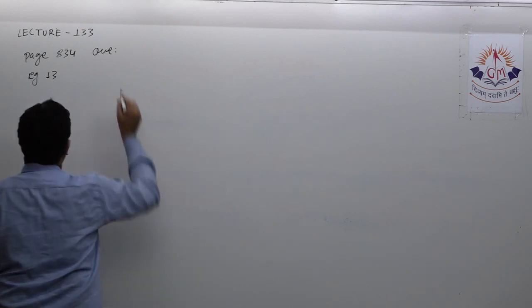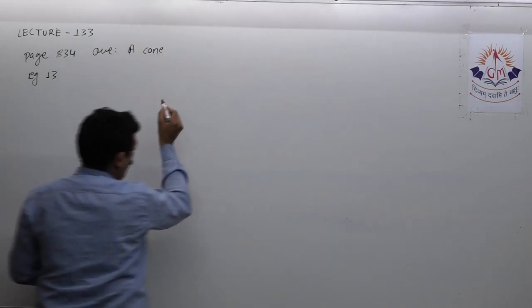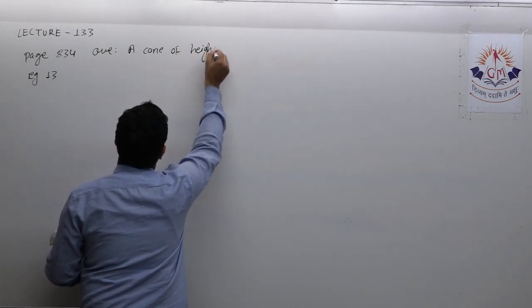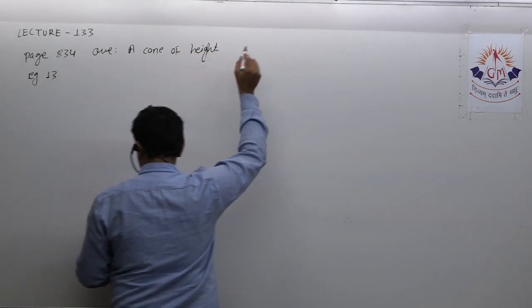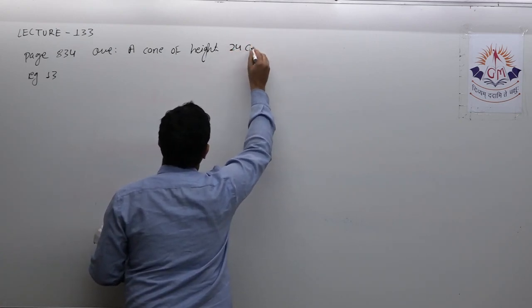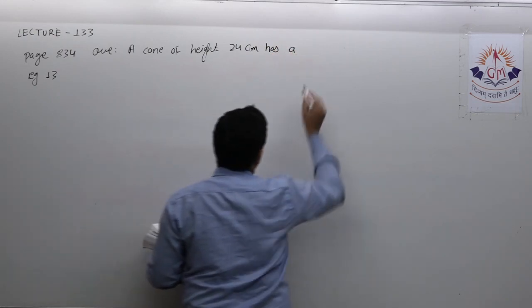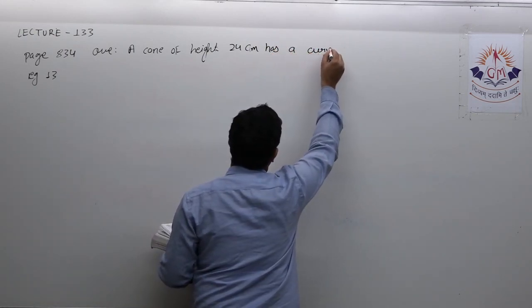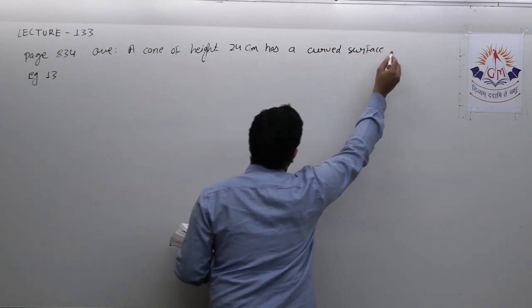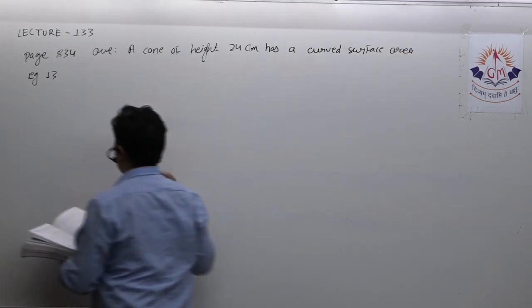A cone of height 24 centimeter has a curved surface area 550 centimeters square.